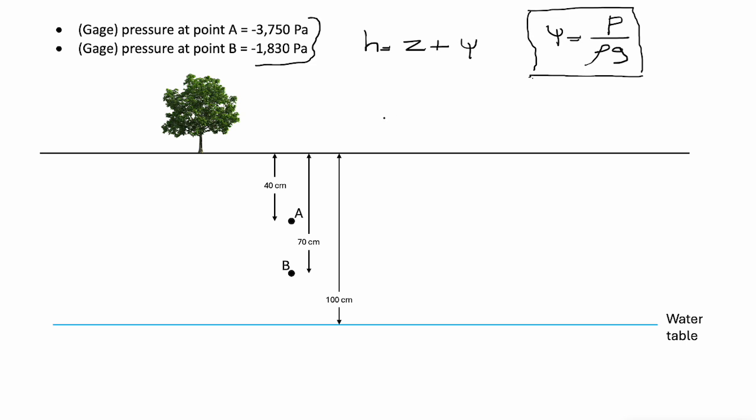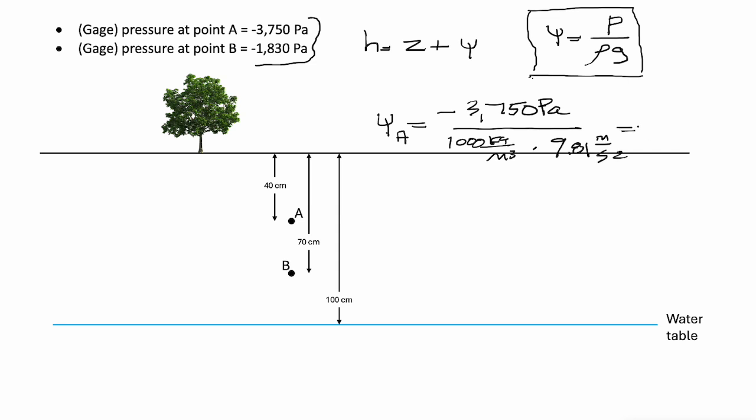So we're going to write, let's say for A, the metric potential at A will equal the pressure at A, which is negative 3,750 pascals. Once again, we're doing this all in MKS, divided by 1,000 kilograms per meter cubed and 9.81 meters per second squared.